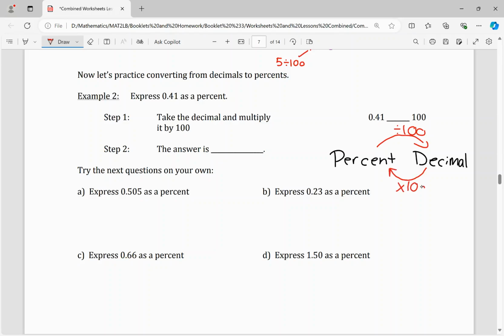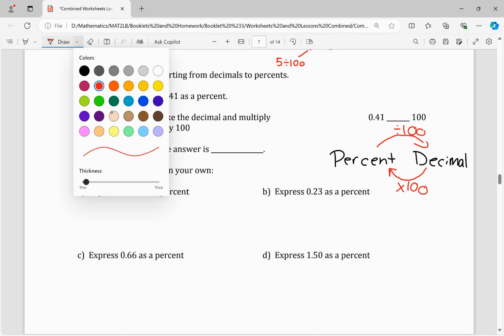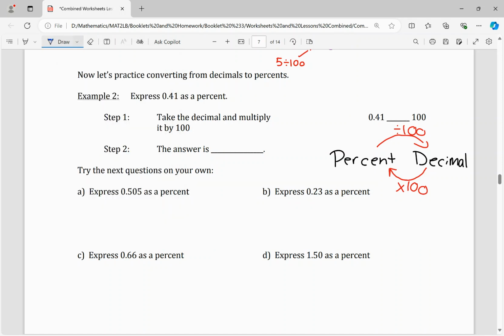We need to multiply by 100. So over here in your note, I would like you to fill out 0.41. I can times that by 100, and that gives me an answer of 41. Now, since this is in percent form, you need to remember to include the symbol for percentage afterwards.